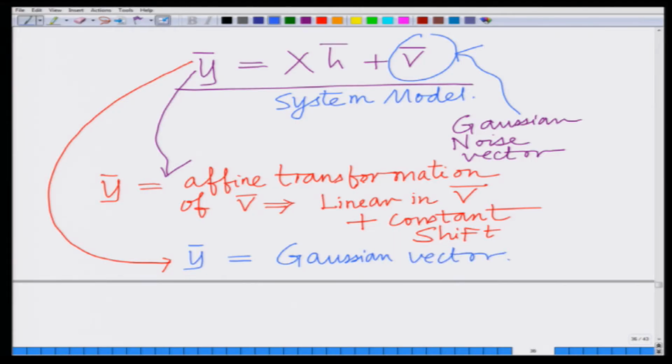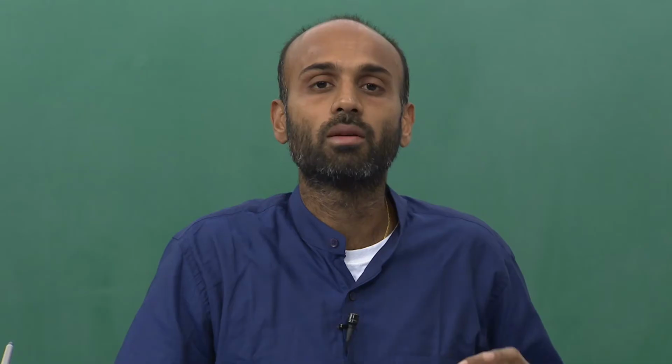So, what we are saying is basically the following: if I take a Gaussian random variable, scale it and shift it by another constant, that is I consider an affine transformation of this Gaussian random variable, I basically get another Gaussian random variable, right. So, the Gaussianness remains invariant under an affine transformation. Now, I have y bar equals X h bar plus v bar. I am taking v bar and shifting it by X h bar, therefore y bar is a Gaussian vector, alright.